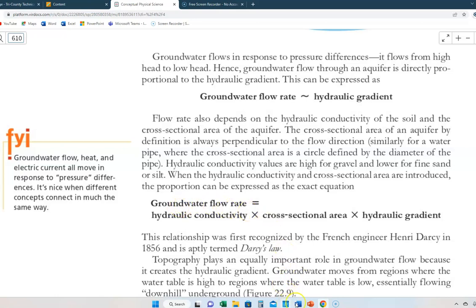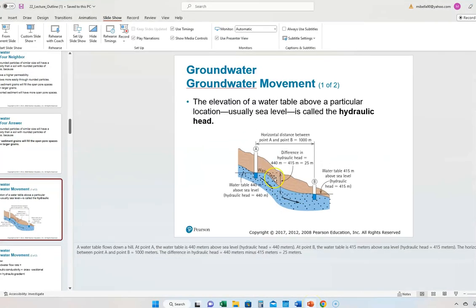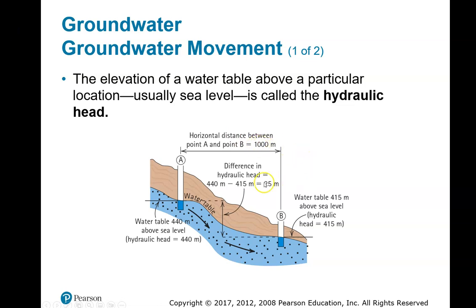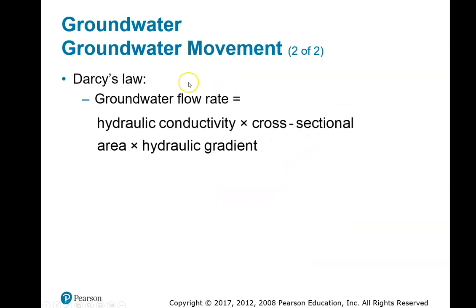All right, so let's go back to our slides. I just wanted to show you a little bit better pictures of that. The only thing you remotely have to calculate would be the gradient, and it's not too bad. It's just the difference between A and B divided by the distance between them, and make sure they're all in the same units. So there's Darcy's law, and we just encountered it.